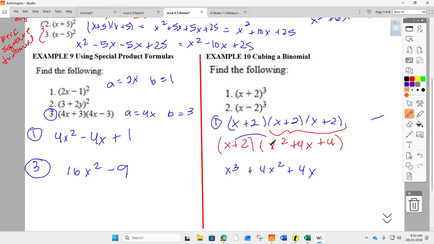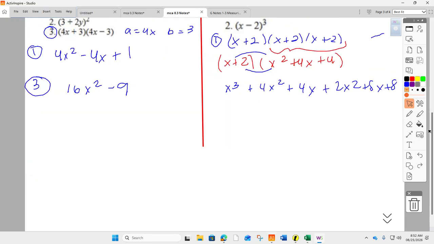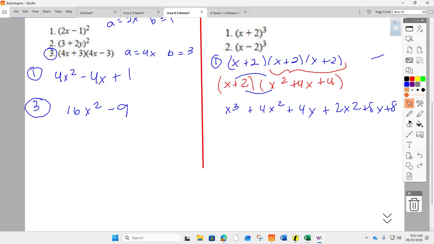And then I'm going to distribute the 2 to everything. I'm not sure that the formula is easier than this. I almost feel like this is the easiest way to do it, but I do want to remind you of the formula. I do want you to have that option. I do want you to have seen it again before you see it in college. So that's why we're reviewing it.